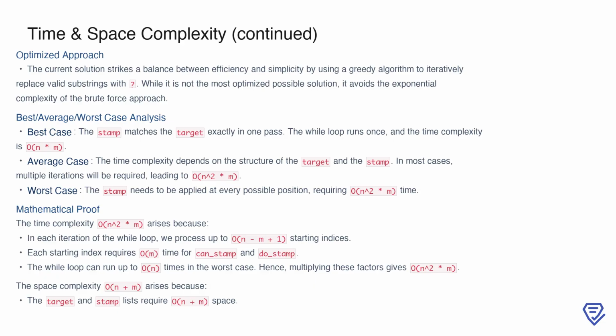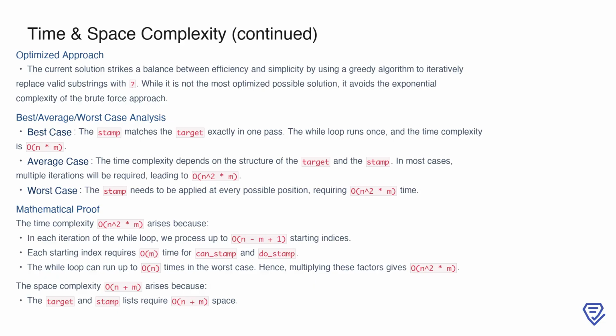In the best case, the stamp matches the target perfectly in a single pass. This means the while loop runs only once, giving the time complexity O(n * m). In the average case, the structure of the target and stamp typically requires multiple iterations, leading to a time complexity closer to O(n² * m). Finally, the worst case occurs when the stamp needs to be applied at every possible position in the target.